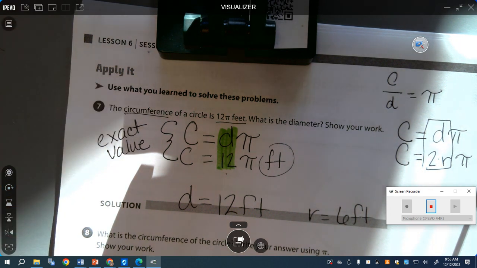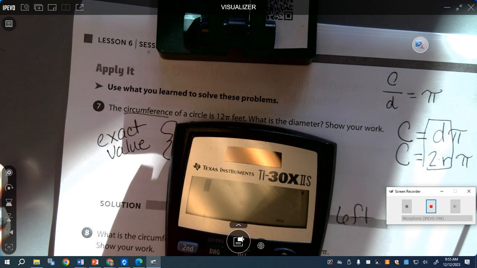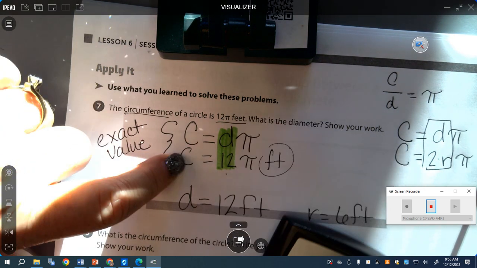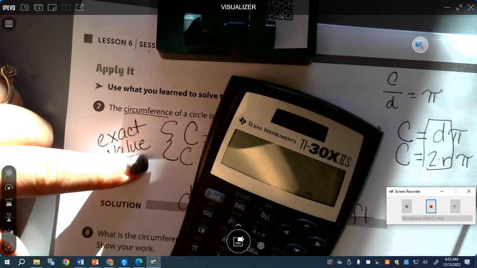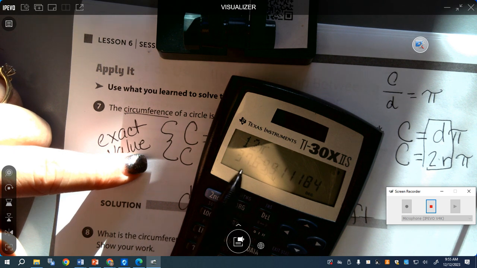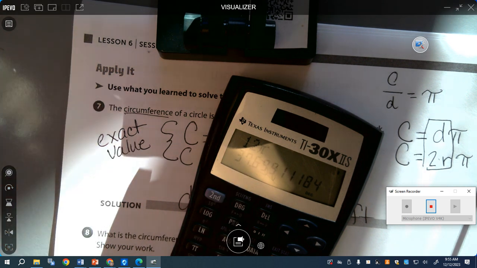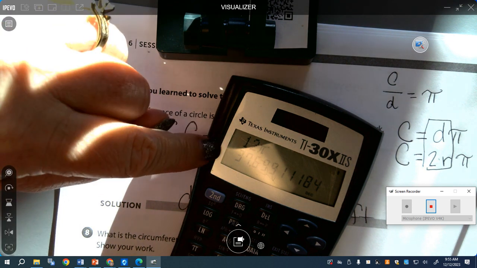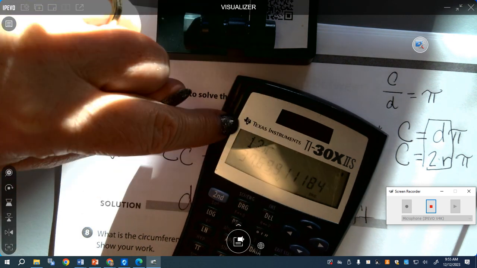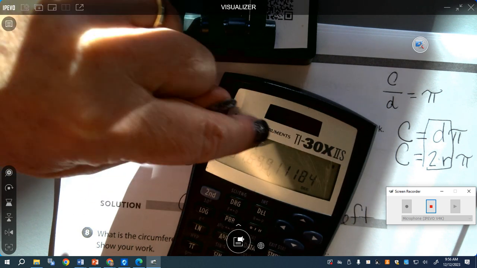Here's why. If I have my calculator and I wanted to find the circumference of this, if I went 12 times this pi symbol, look at what my answer is. It's 37.6991184 and so on. This actually keeps going on and on. There's just not enough space on my calculator, is there?